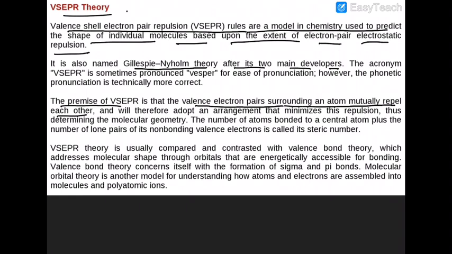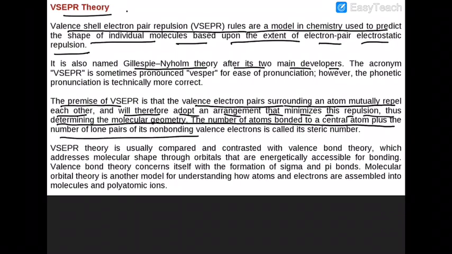So valence shell electrons repel each other and will therefore adopt an arrangement that minimizes the repulsion. In order to determine the molecular geometry, the number of atoms bonded to the central atom must be known, plus the number of valence electrons around that atom, including non-bonding valence electrons.